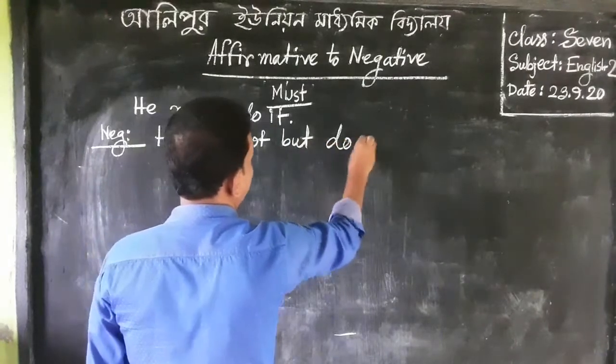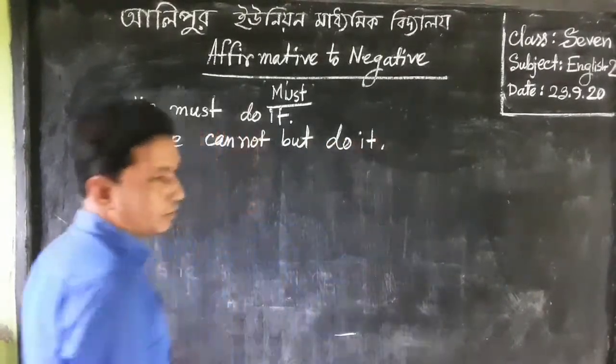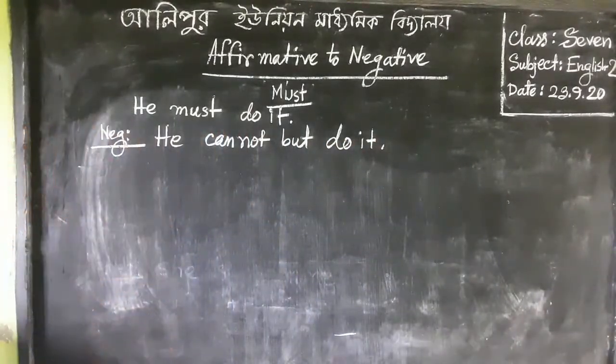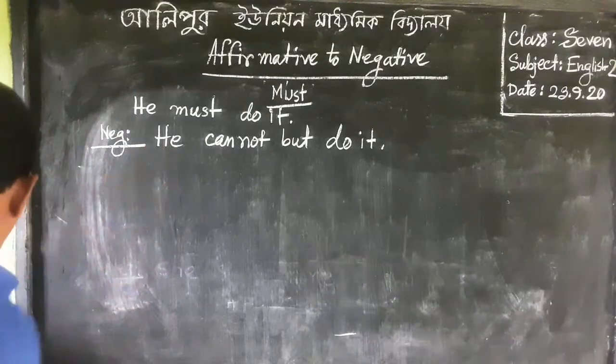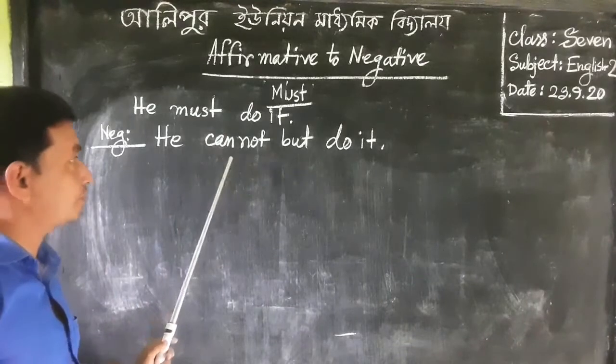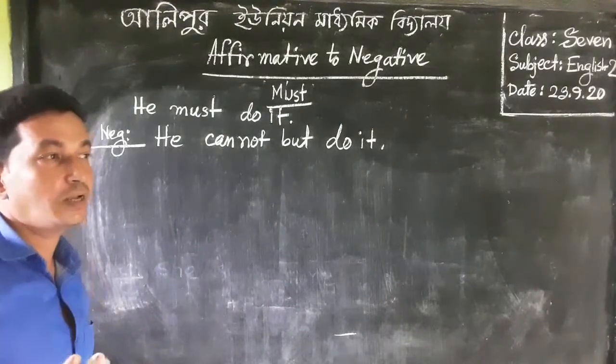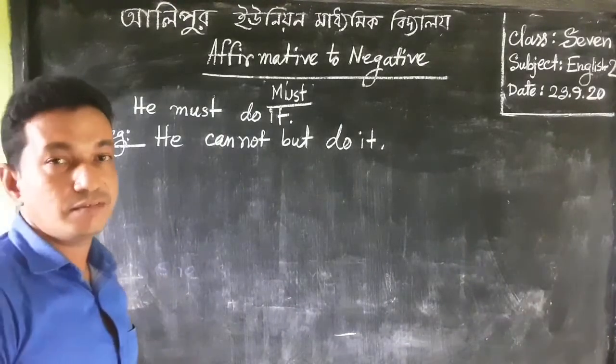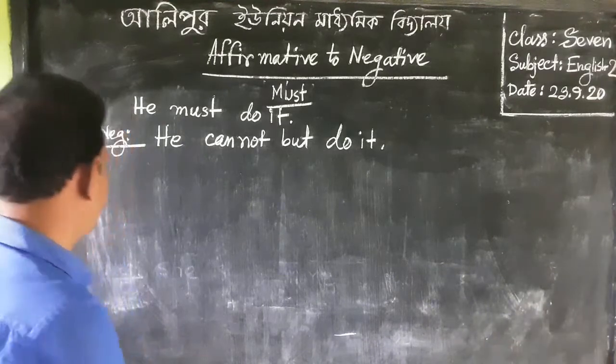He cannot but do it. This is a type of change from must. But when we write down cannot help instead of cannot but, we must add ing at the end of the verb.